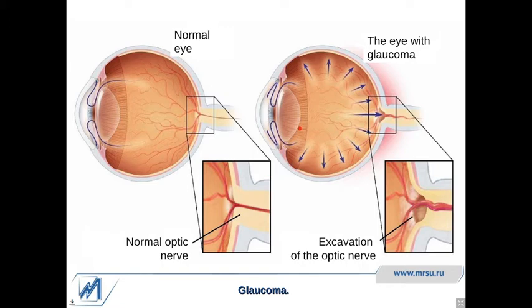And when glaucoma comes and intraocular pressure becomes higher, here I must remind you that there is a lamina cribrosa.